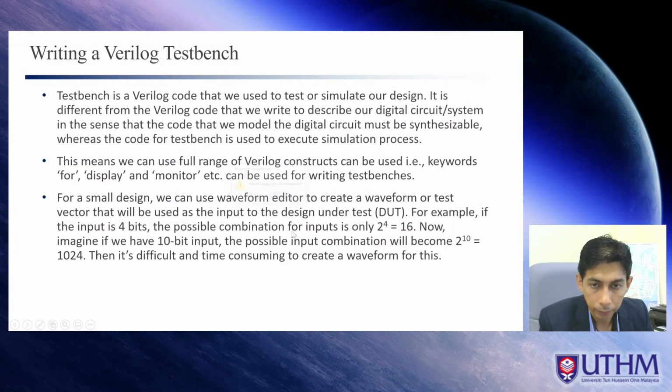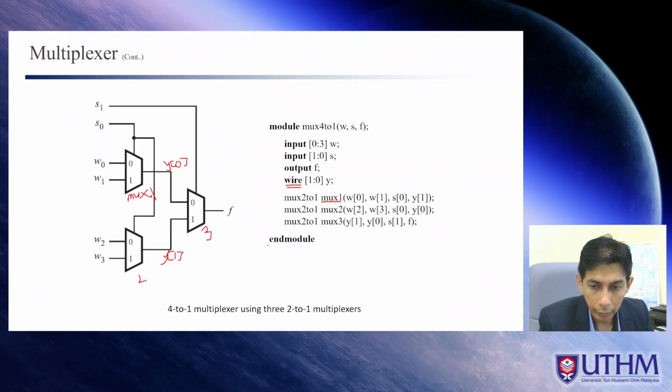So in this case, here we use port positional syntax, not the port name connection syntax, right? So we need to look at the position of this port, the order of the position here.